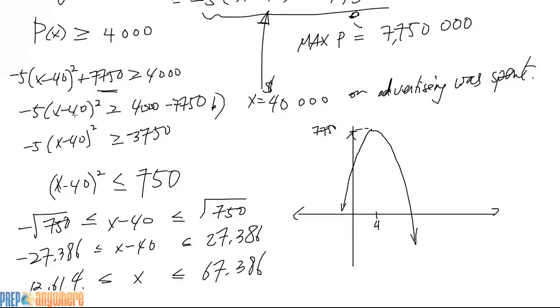So if this is 7750, let's say 4 million is about here. Let's say this is 4,000, and we're asking when is the profit above that 4,000? Okay, you can clearly see it's from here to here.